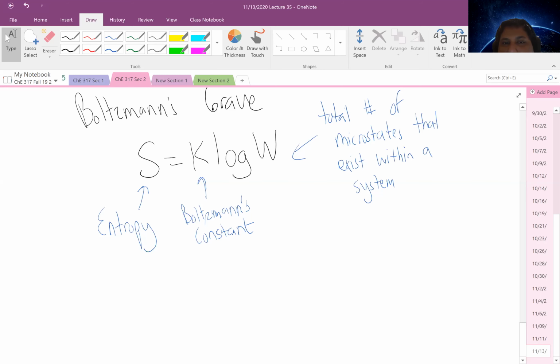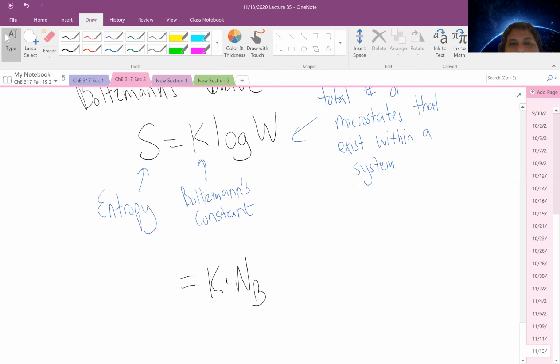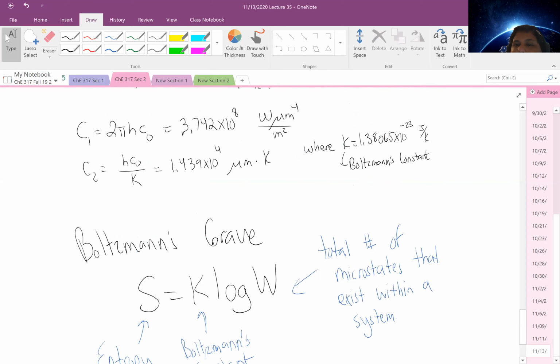And so what did Boltzmann do? Well, he said, instead of talking about everything in terms of molecules, let's talk about things in terms of moles. And so if we take Boltzmann constant K and multiply it times Avogadro's number, what do we get? The ideal gas constant. Exactly. You get R.